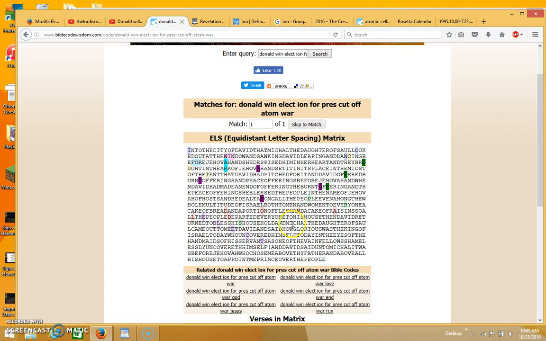And so all of this was coming up in another table that I did recently, but I can't remember what the table was on. But it's also coming up in this table where you have Donald, elect, win, and you have the abbreviation for president over here in the green with the letters P, R, E, S, and the E is sharing the E in elect.